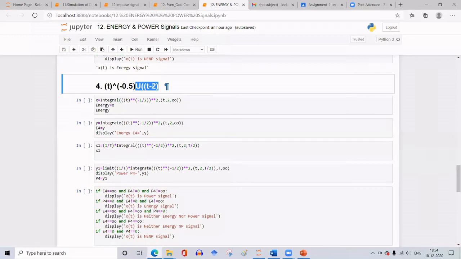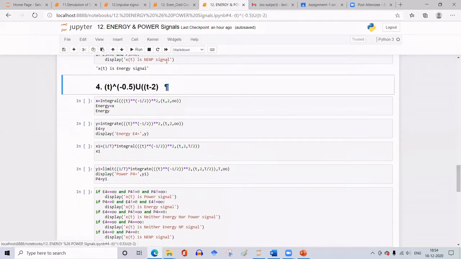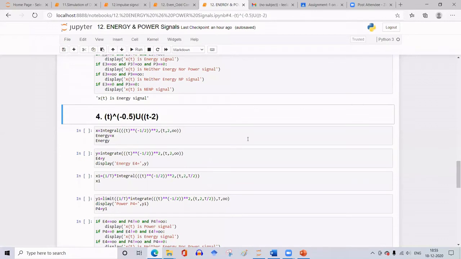If this is not there, integration will be from minus infinity to plus infinity. Because I'm multiplying it by u of t minus 2, this signal will exist for t greater than or equal to 2, is it not? U of t minus 2 is a unit step signal shifted to the right by 2 units on the positive t axis.